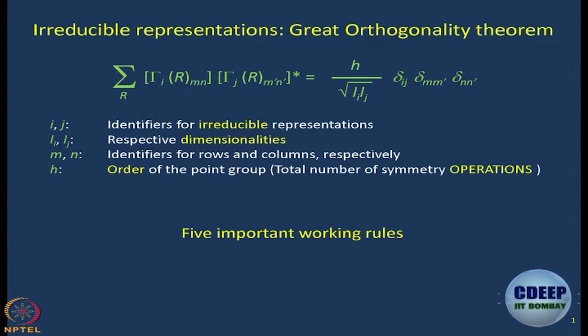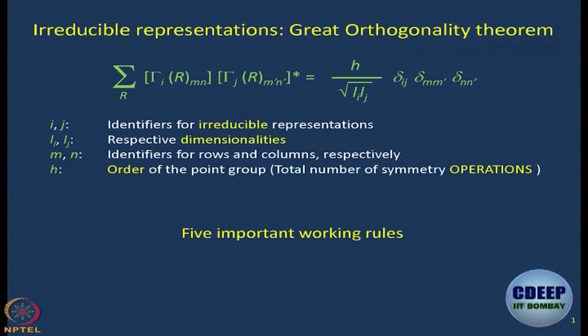It means the Mn element of the transformation matrix corresponding to symmetry operation R in the ith irreducible representation. Ith means let us say I have 5 irreducible representations, I can be 1, 2, 3, 4, 5, okay.